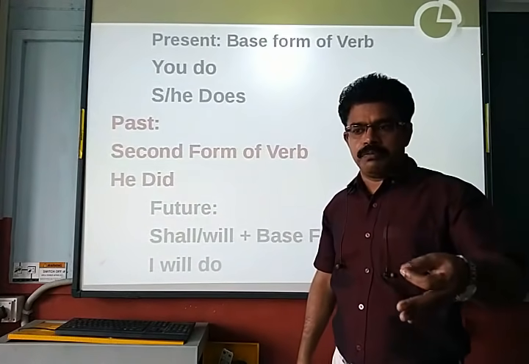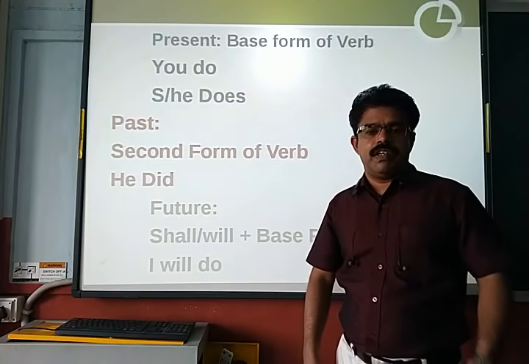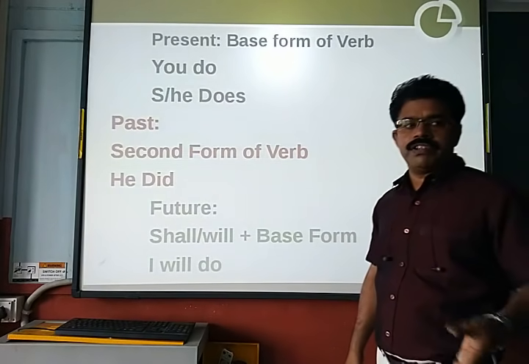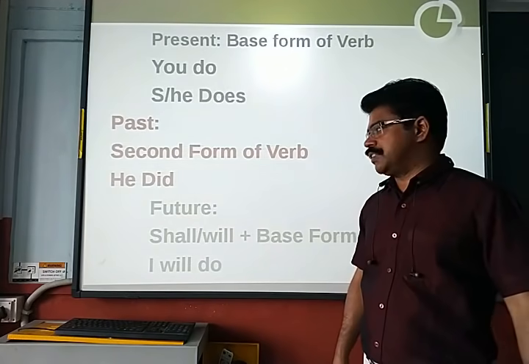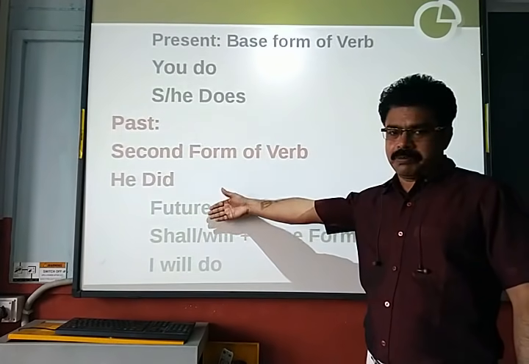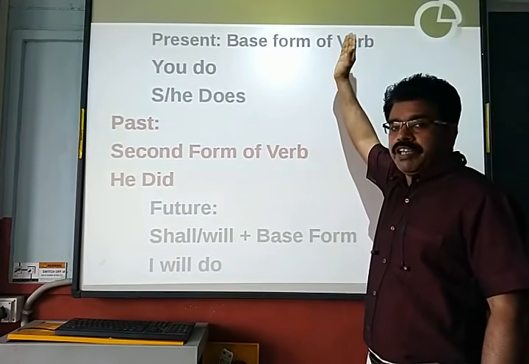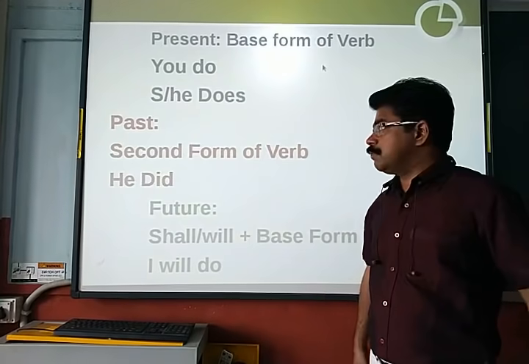Generally when we speak about verb forms, we say first form, second form, third form. In other words, we call it present tense, past tense and past participle. Here we use the base form, the original without any change.